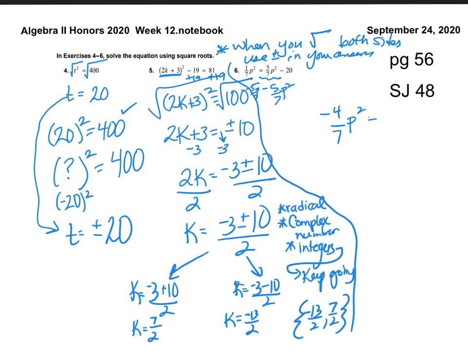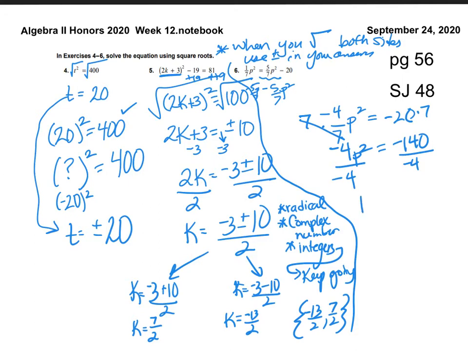That is going to equal negative 20. I'm going to multiply both sides by 7. So negative 4p squared, because the 7's cancel out, is going to equal negative 140. I'm going to divide by negative 4.